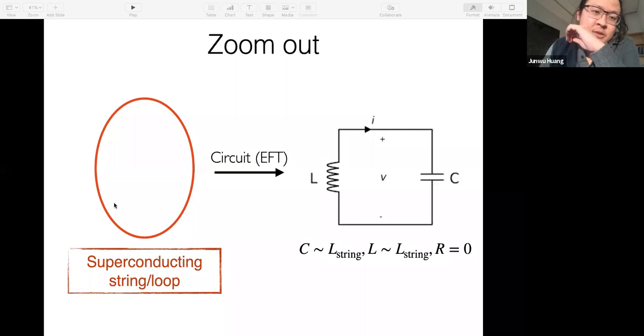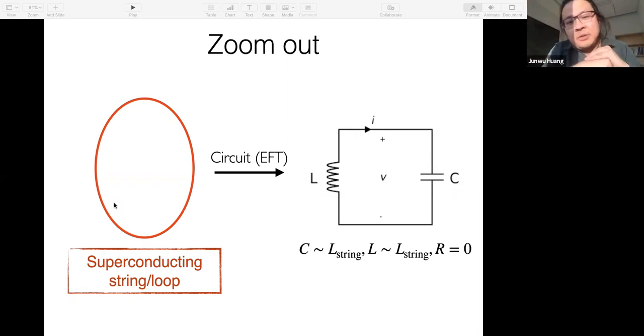The red circle is a superconducting loop. And if I see it from very, very far away and ask what the effective description of this loop is, it's basically a circuit, right? It's a circuit with a capacitance and inductance. And the capacitance and the inductance are both of order the length of the string.